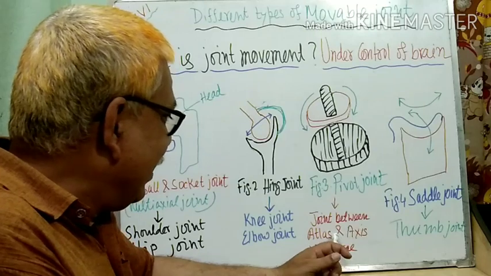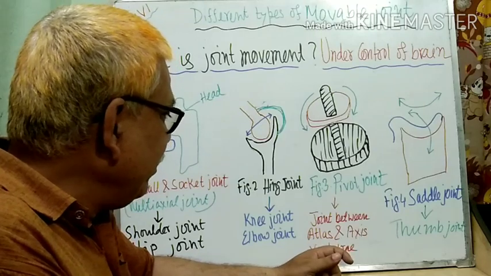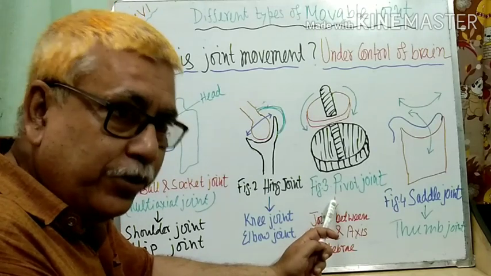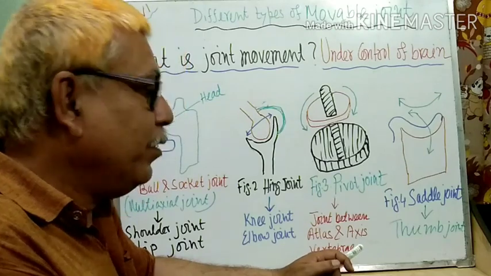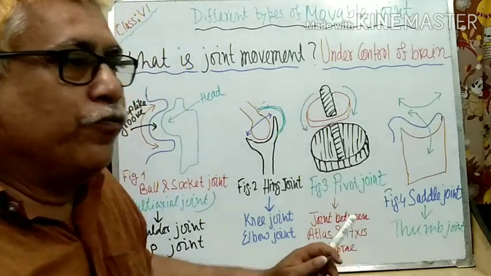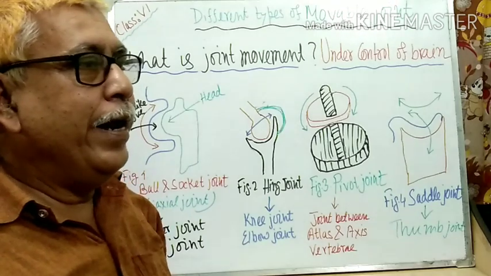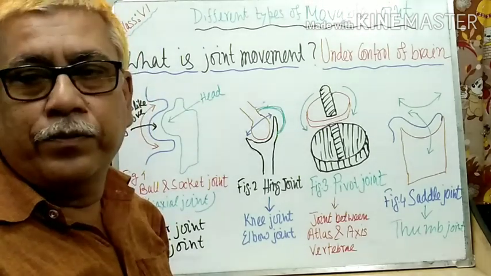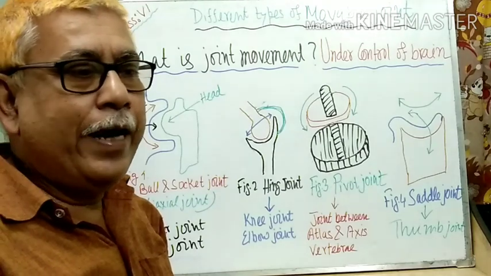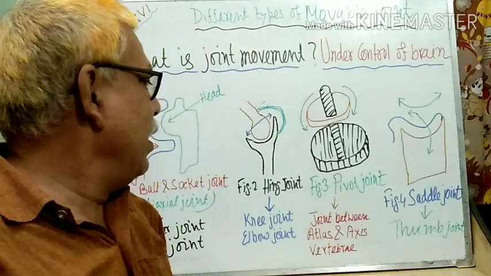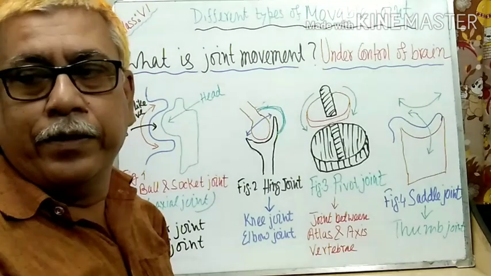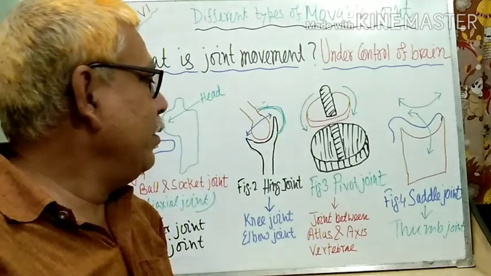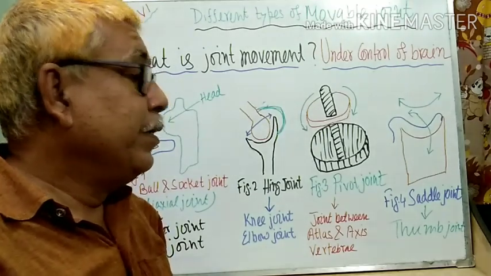Joint between atlas and axis vertebrae is an example of pivot joint. See, we can move our head likewise. We can move our head 180 degrees, right side and left side.